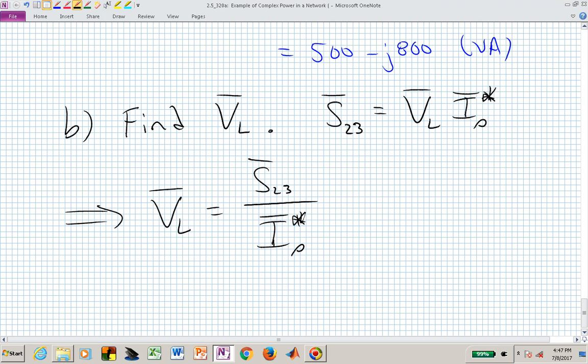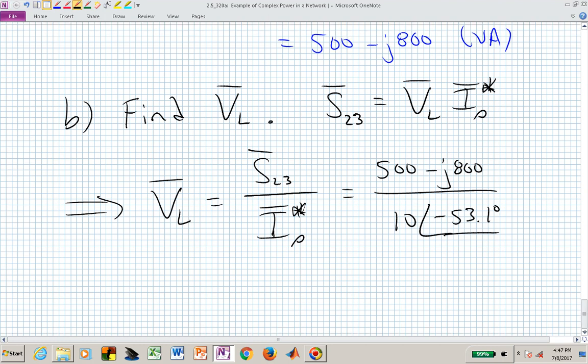It's going through load 1, it's supplying those two. And we just calculated S23, which was 500 minus j800. We can divide that by the conjugate of the current, 10 at an angle of minus 53.